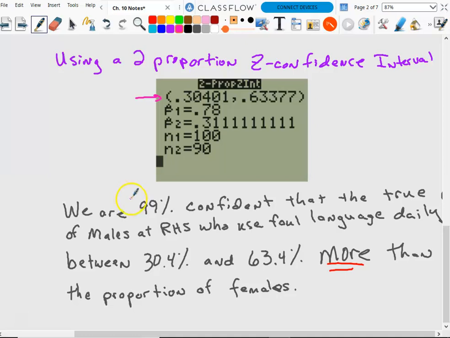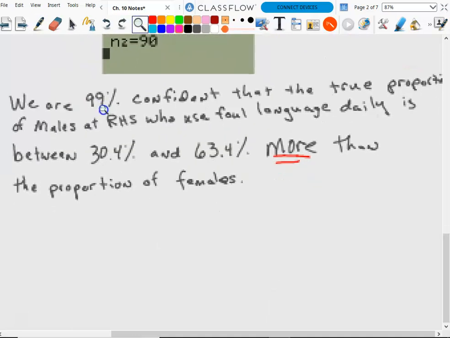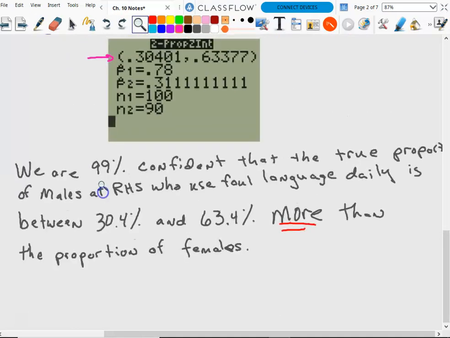So when we communicate this, we would say we are 99% confident that the true proportion of males at RHS who use foul language on the daily is between 30.4% and 63.4% more than the proportion of females. So males are significantly more likely to use foul language on the daily. Yeet.